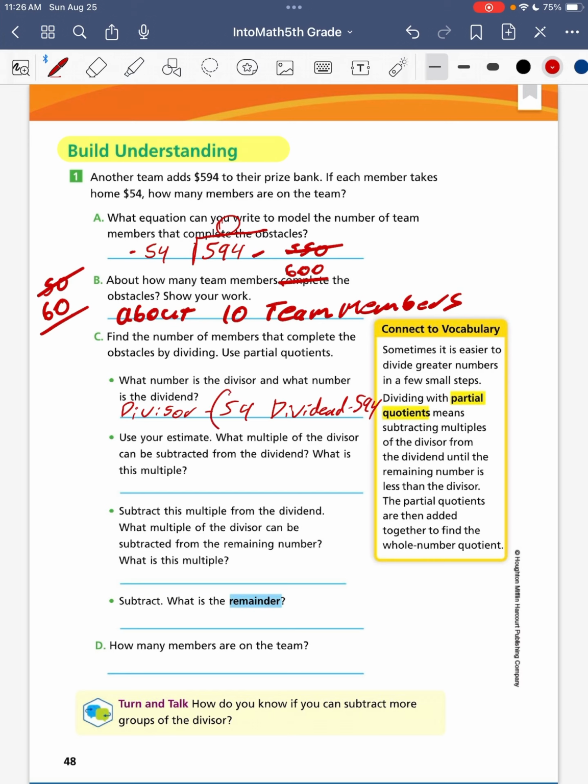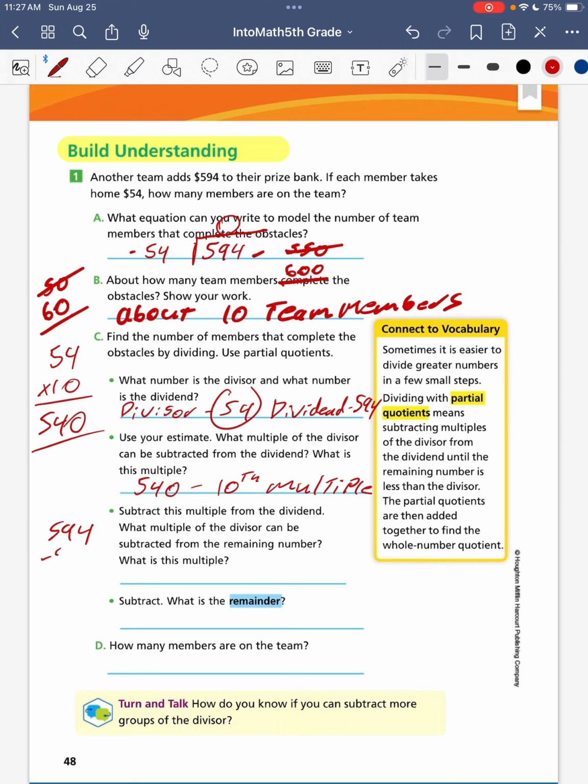And what is this multiple? Well, I know that 54 times 10 would give me 540, and anytime we can use a 10 in math, that's pretty neat to use. So what multiple of our divisor can be subtracted from the dividend? 540, the 10th multiple.